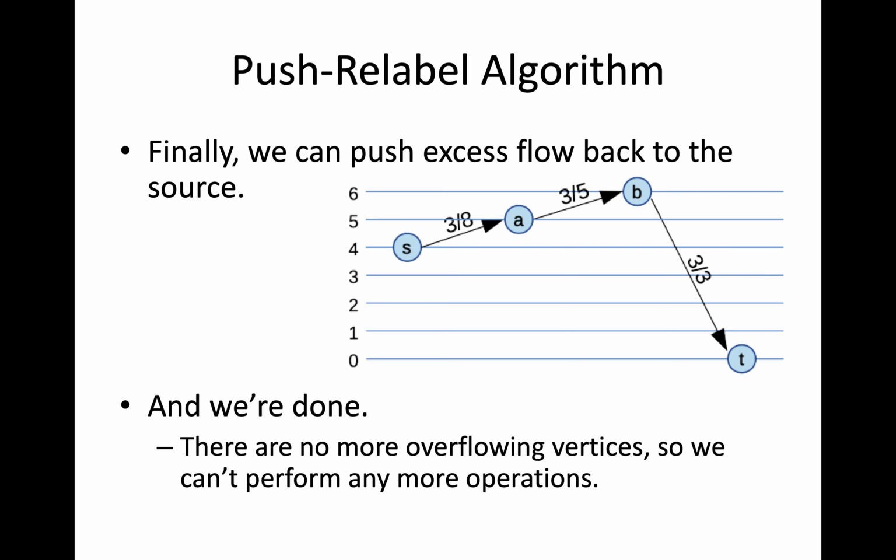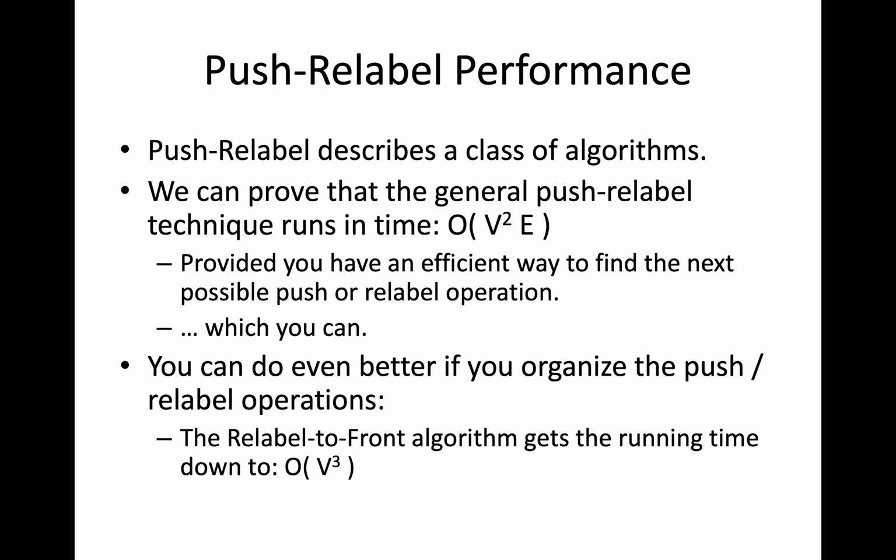The reason I say that is our 2 operations depend on finding an overflowing vertex, and there are no more overflowing vertices. A and B both satisfy the flow conservation requirement now. So at this point, the algorithm would terminate. And you can see in this case, it found a maximum flow, and before it was done, it turned it into a legal flow.